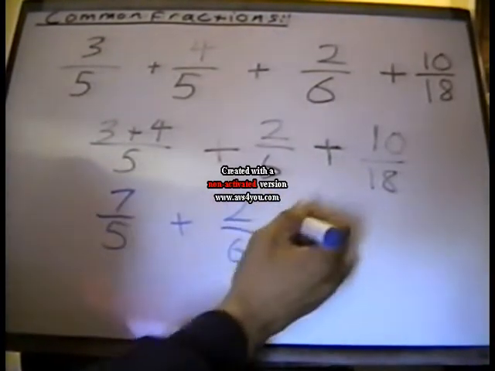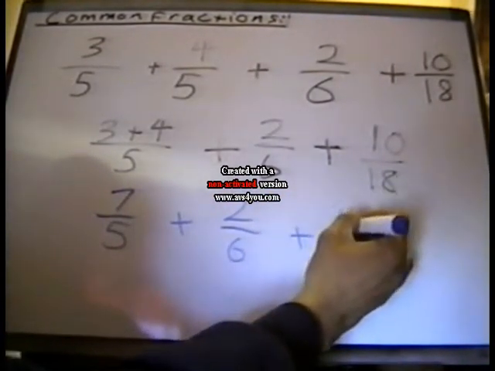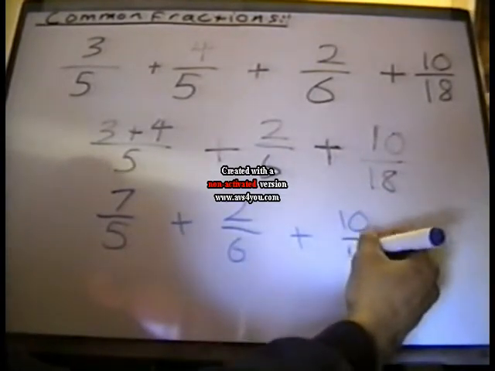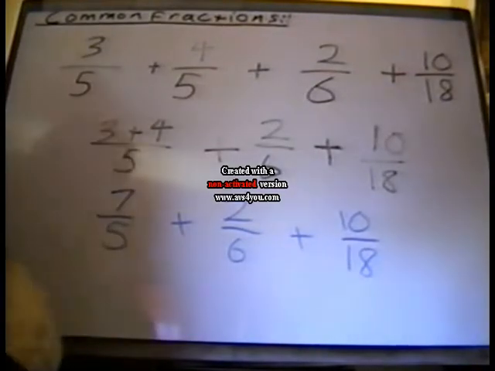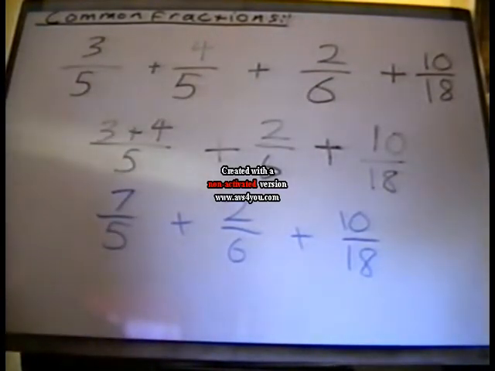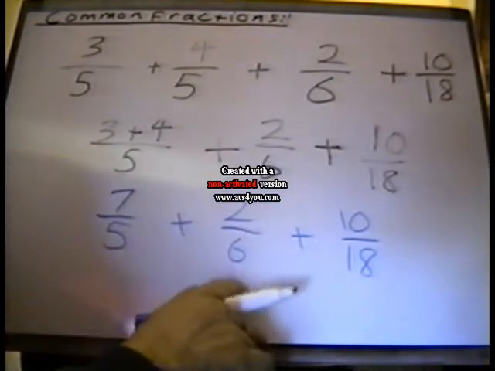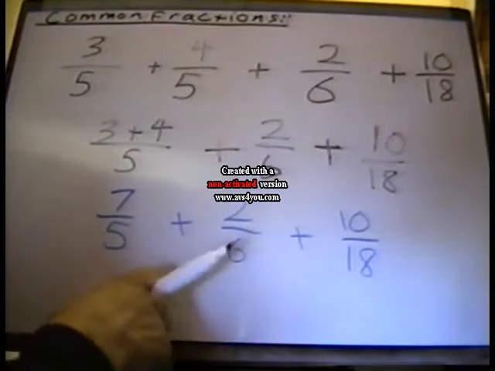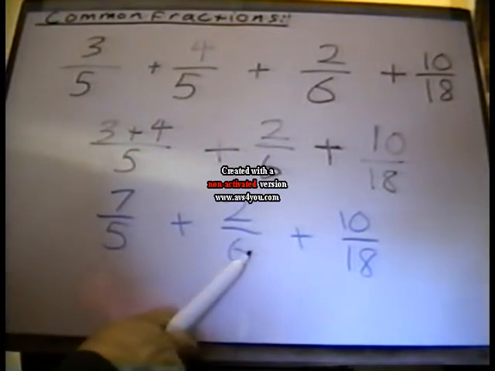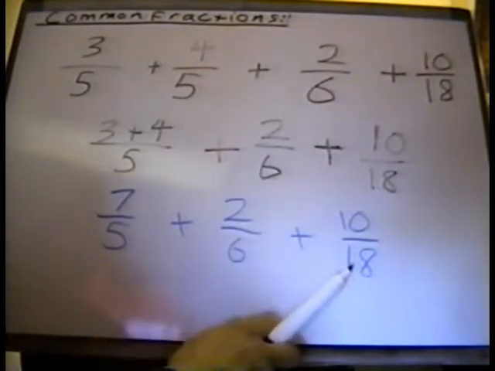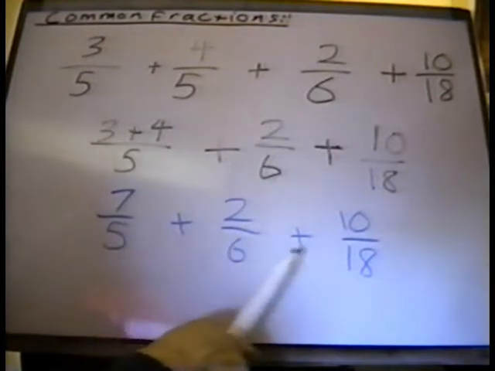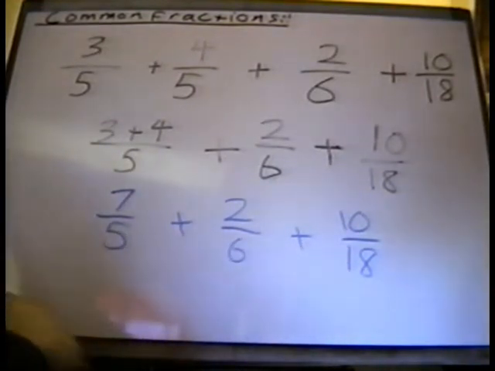Plus 2/6 plus 10/18. Okay. Now, these are all unlike denominators. Here 6 and 18 are both even numbers, and 5 is odd.